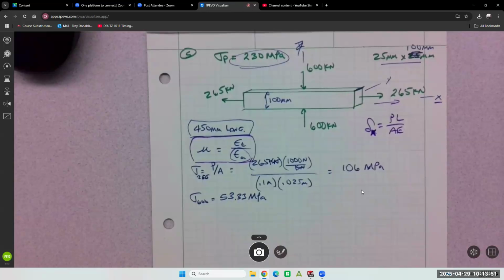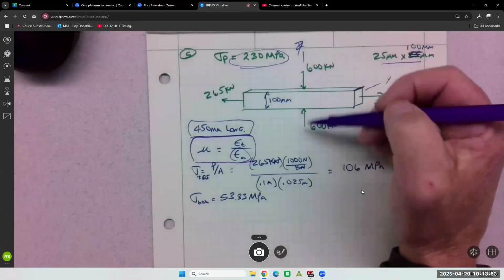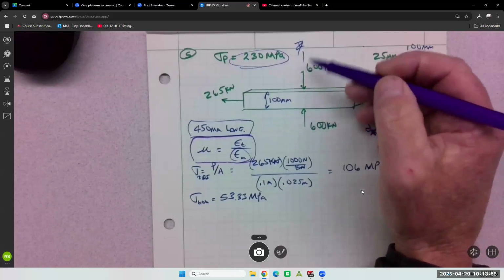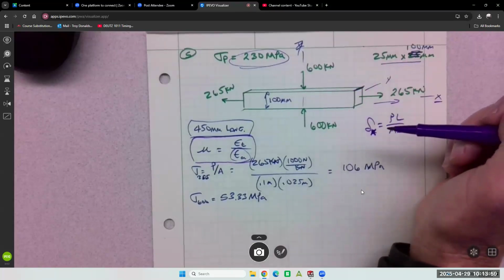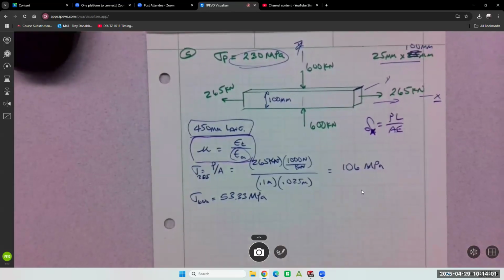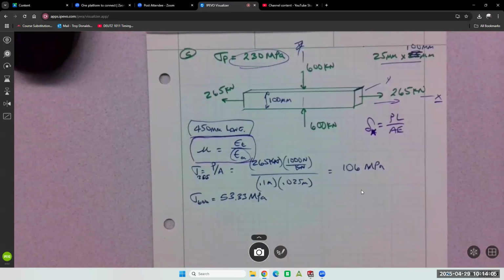Then we have to do it again for the 600, because then we can calculate the axial change along its axis and what happens to the transverse. Then we have to either add or subtract and figure out which one is helping and which one is fighting. So we need to keep track of decrease and increase.